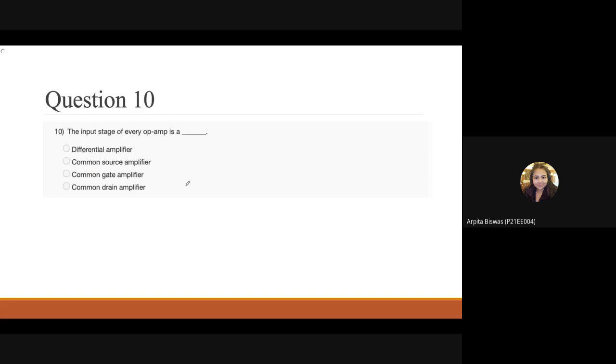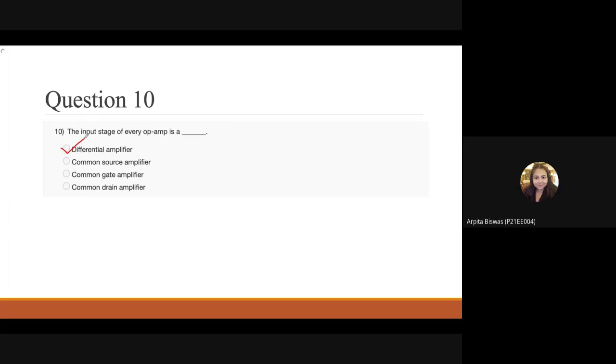This is question number 10. The input stage of every op amp is differential amplifier, common source amplifier, common gate amplifier, or common drain amplifier. Differential amplifier, ma'am.